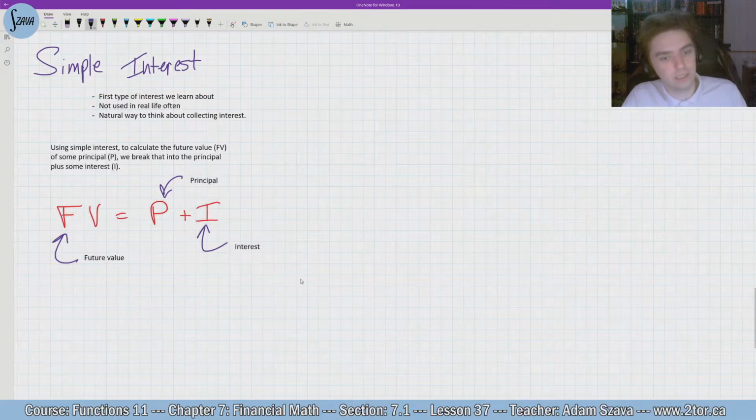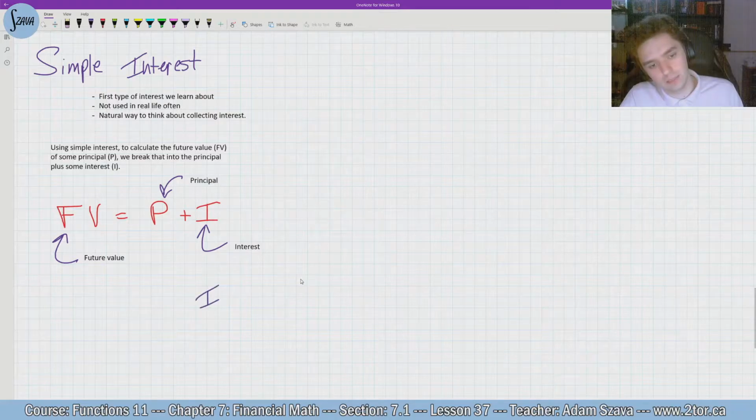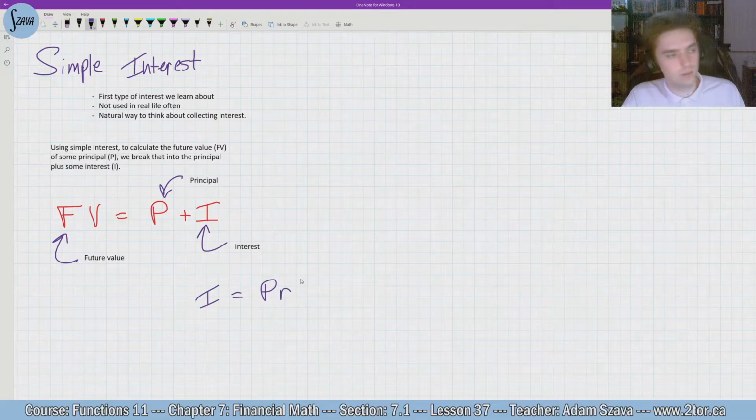Now, using simple interest, the formula is that the interest is the principal times the interest rate that they gave you, times the number of years.